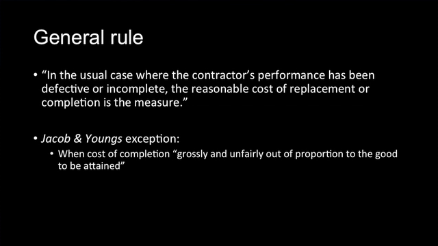As you'll recall, the rule there was that when the cost of completion was grossly and unfairly out of proportion to the good to be attained, the court would calculate damages based on diminution in value rather than cost of completion.